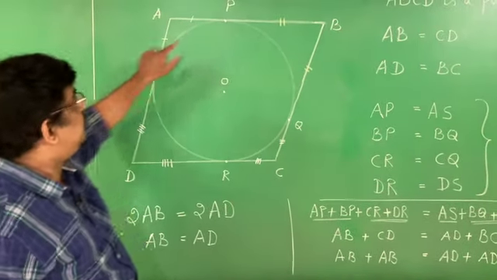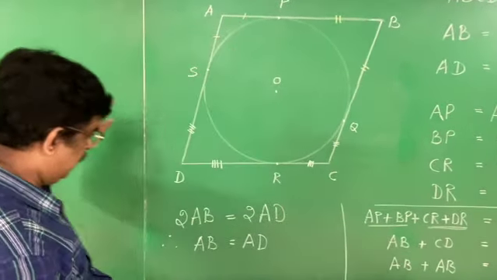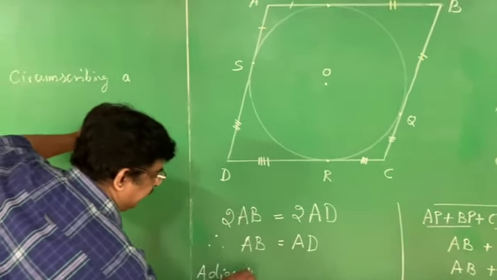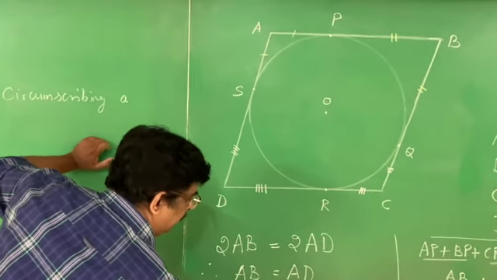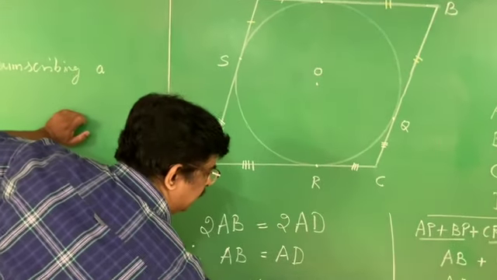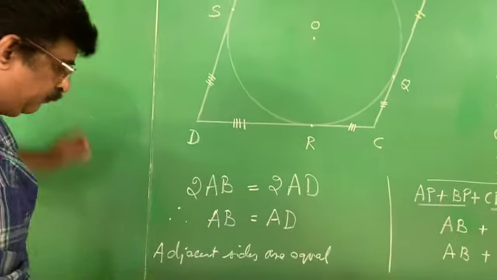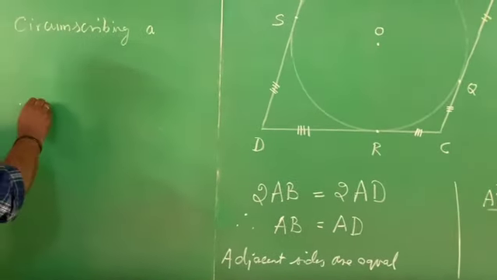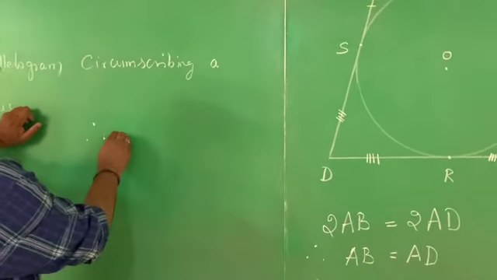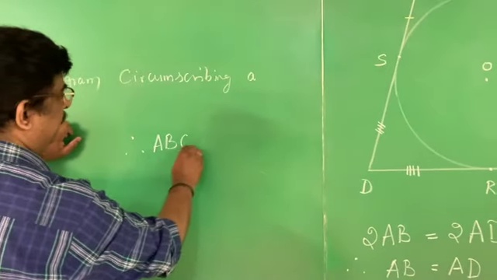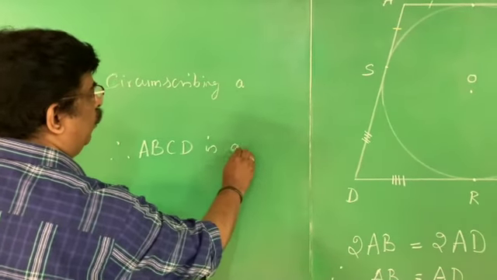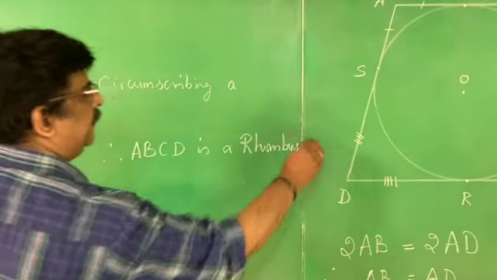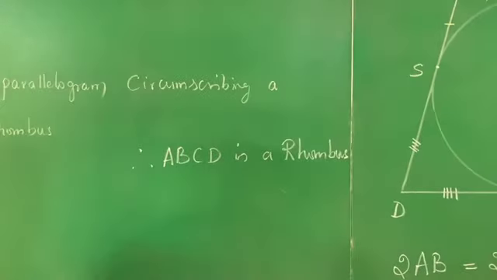These are the adjacent sides. Adjacent sides are equal. Therefore, ABCD is a rhombus. I repeat once again.